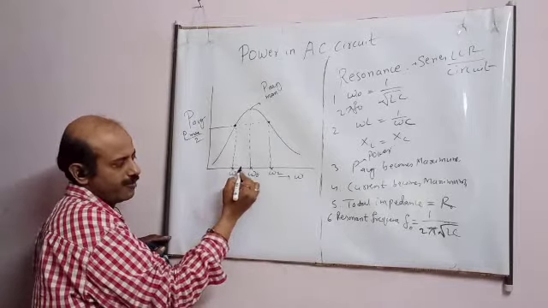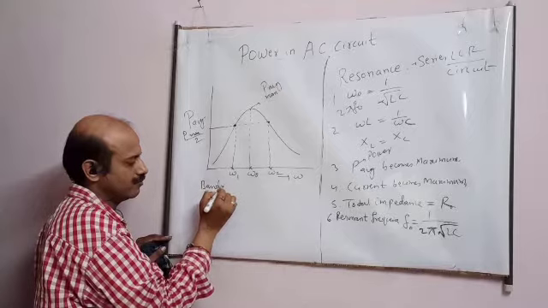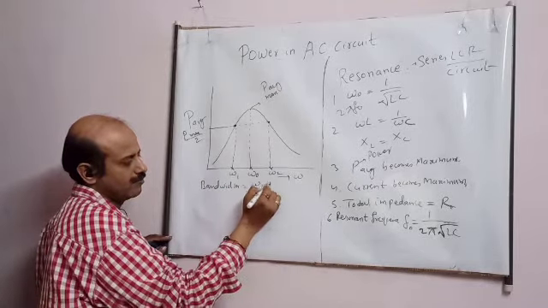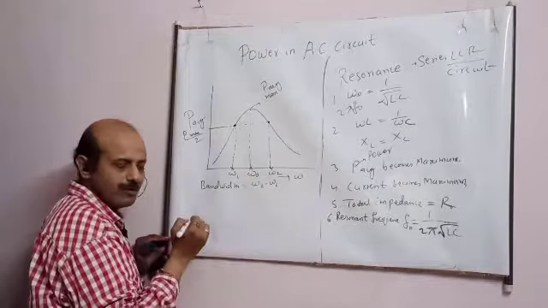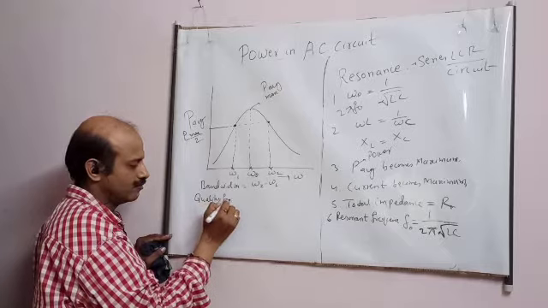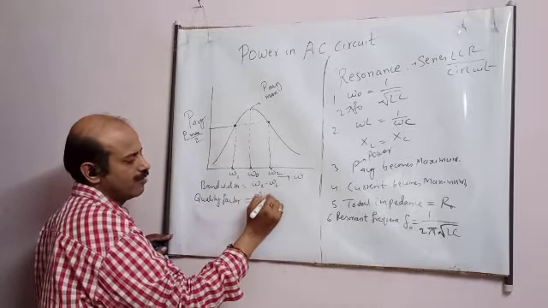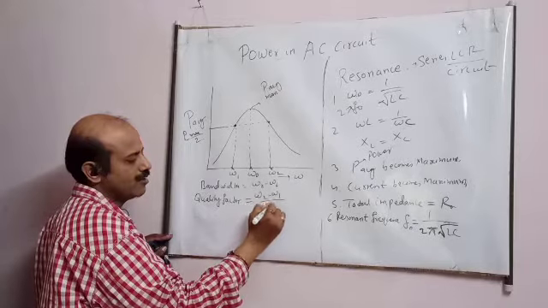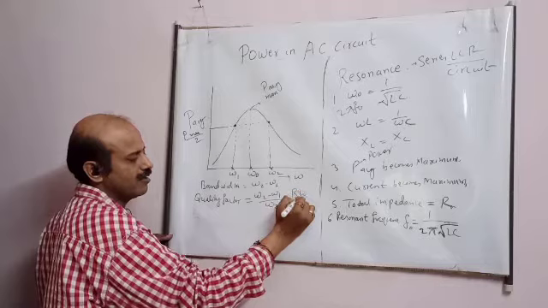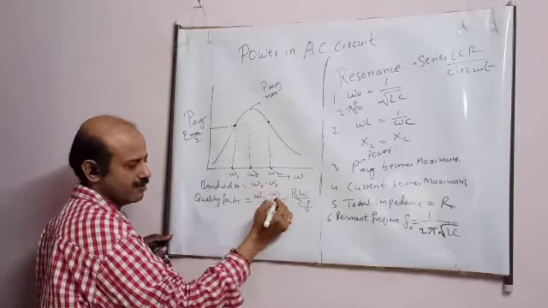This range of frequencies from here to here is known as bandwidth. We have one more term defined, quality factor. This is defined to be omega 2 minus omega 1 upon resonant frequency. So formula for quality factor is bandwidth upon resonance frequency.